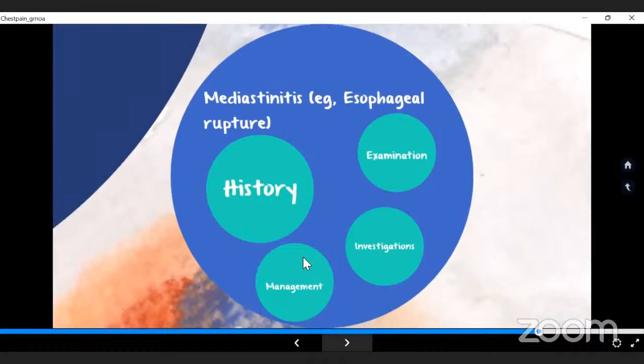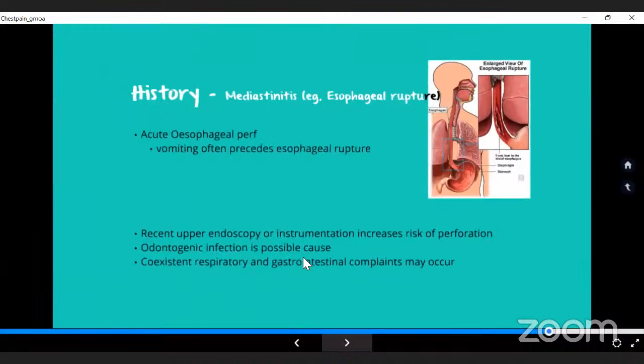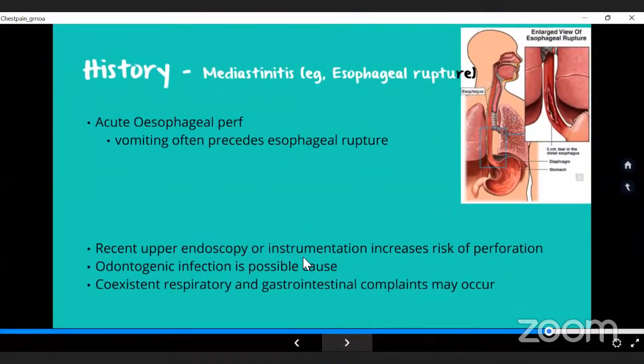Short thing about the sixth of the big six, sudden onset esophageal rupture or mediastinitis of any cause. These are very critically ill patients, very rare, not that common, but that can cause it. Acute esophageal perforation can be due to vomiting or retching, forceful vomiting or forceful retching, causing intraesophageal pressure rise, causing esophageal rupture.